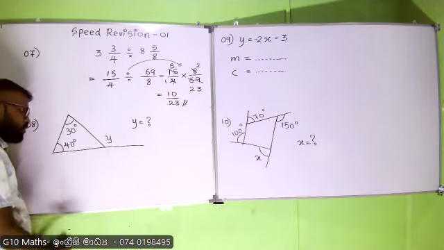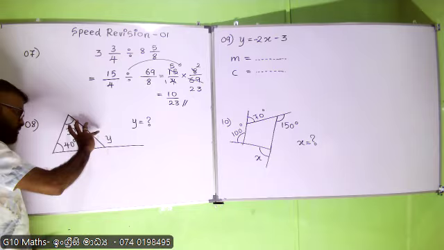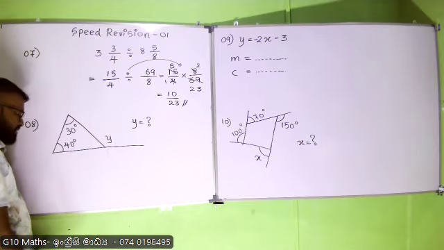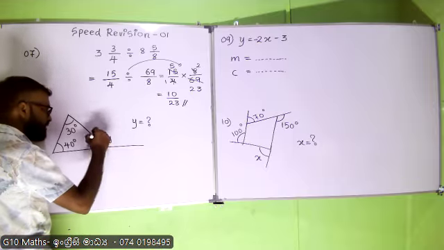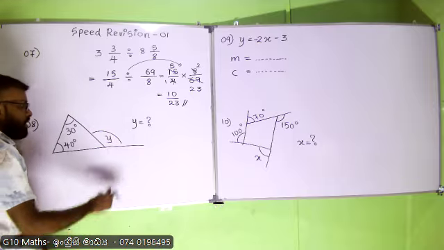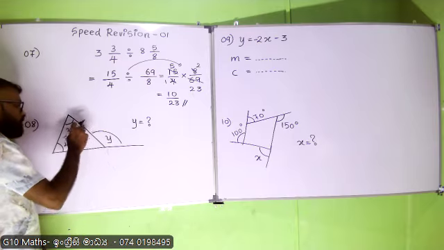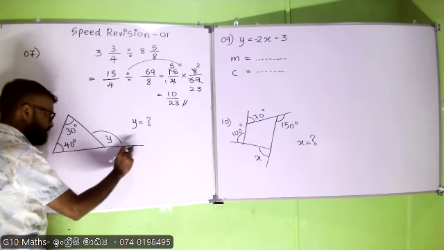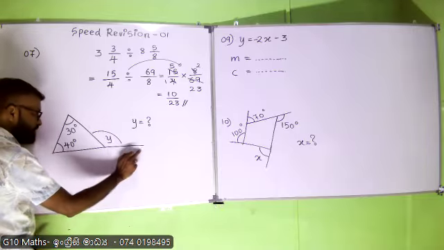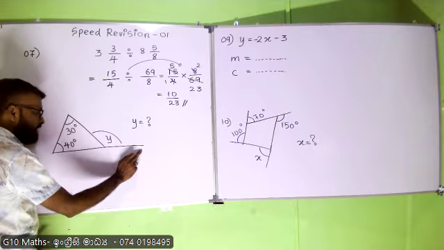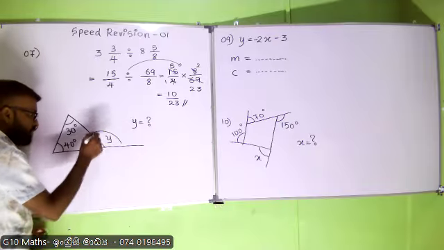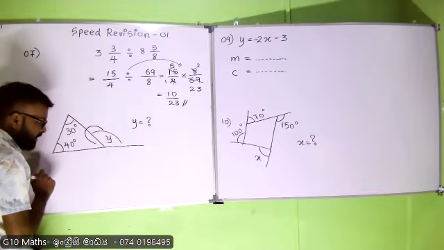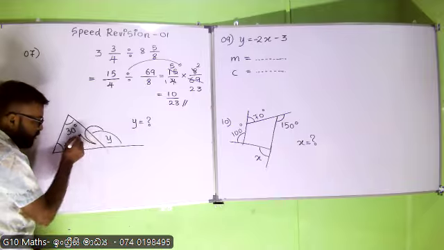When it comes to here, you have to use the exterior angle theorem for finding this. What is the exterior angle theorem? The exterior angle so formed by producing a side of a triangle, which is this side, is equal to the summation of the opposite two interior angles.